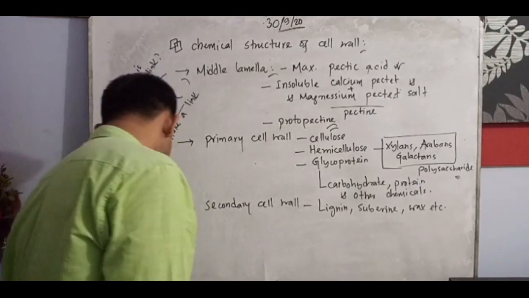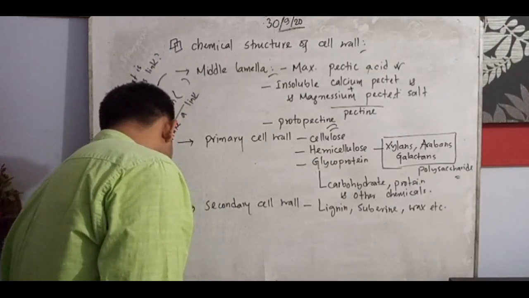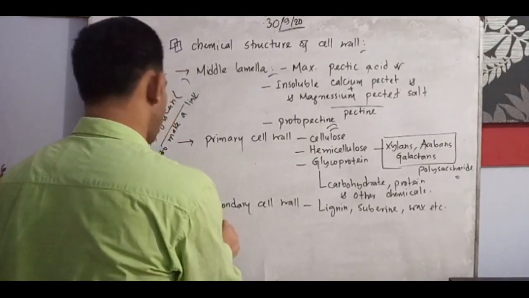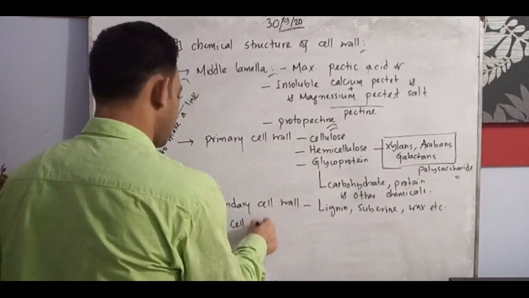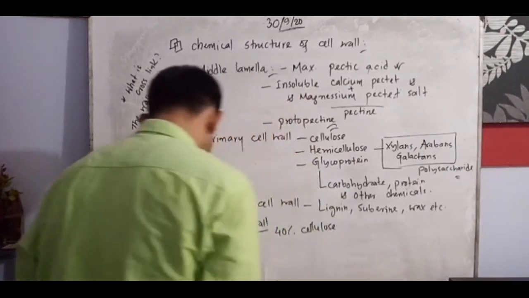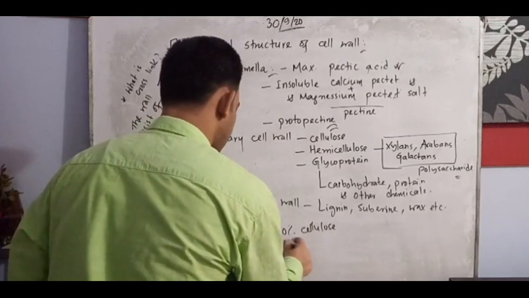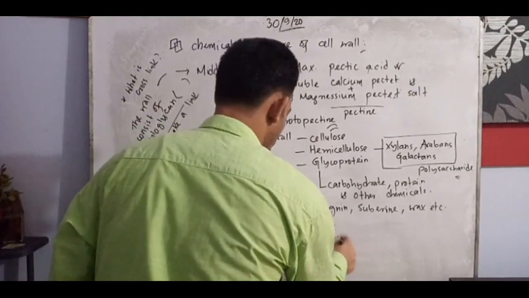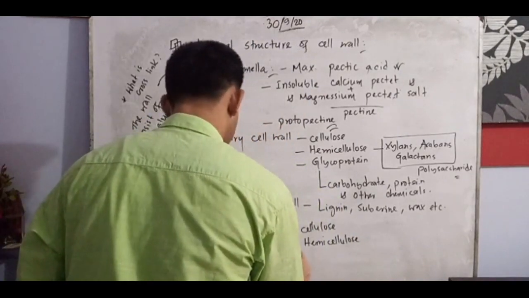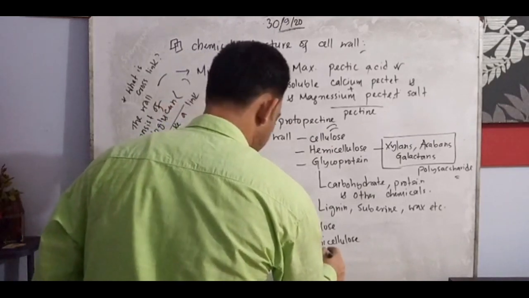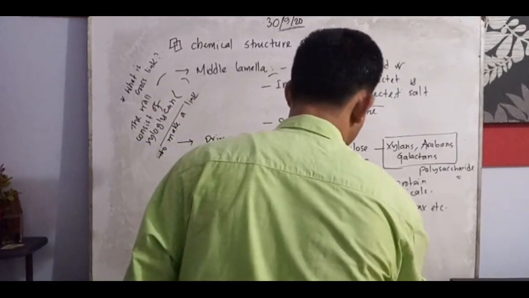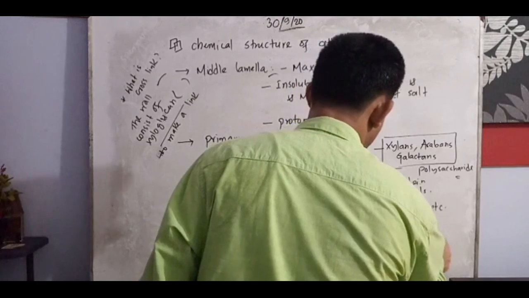In the cell wall, we have seen 40% cellulose, then 20% hemicellulose, 30% pectin, and 10% glycoprotein are present there.